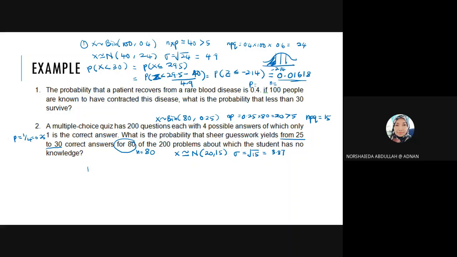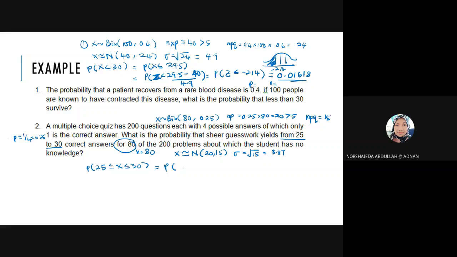Okay, so the probability that we want to calculate is the probability from 25 to 30 correct answers. From 25 to 30, with equal, so x greater than or equal to 25 until x less than or equal to 30. First we need to do the continuity correction.